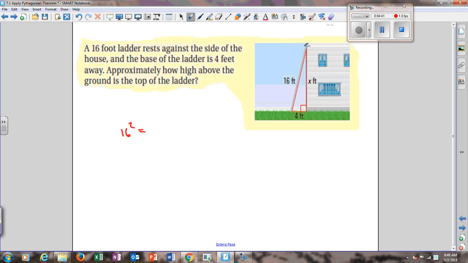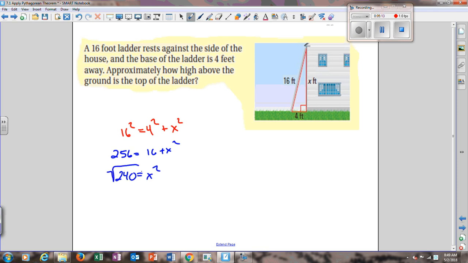16 squared equals 4 squared plus x squared. Then 16 squared, everyone knows that's 256, equals 16 plus x squared. Subtract the 16 over, you get 240 equals x squared.